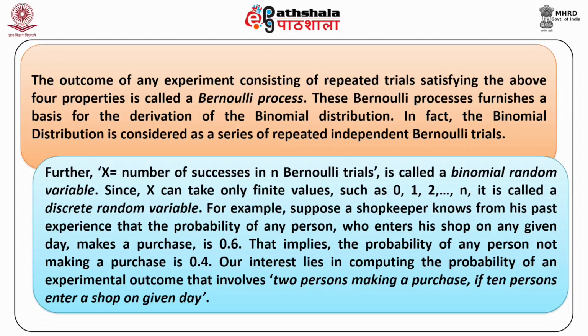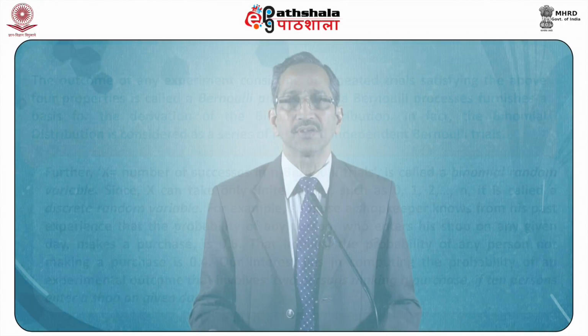That implies the probability of any person not making a purchase is 0.4. Our interest lies in computing the probability of an experiment outcome that involves, say, 2 persons making a purchase if 10 persons enter a shop on a given day.